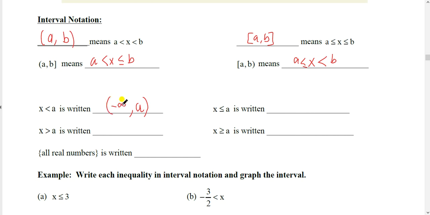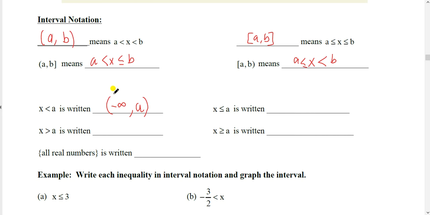That means a very huge negative number. For the infinity, we only use the parentheses. We do not use the brackets for the infinity because we cannot include infinity, which is not defined, a very large number. So that's why we do not include the left endpoint here.